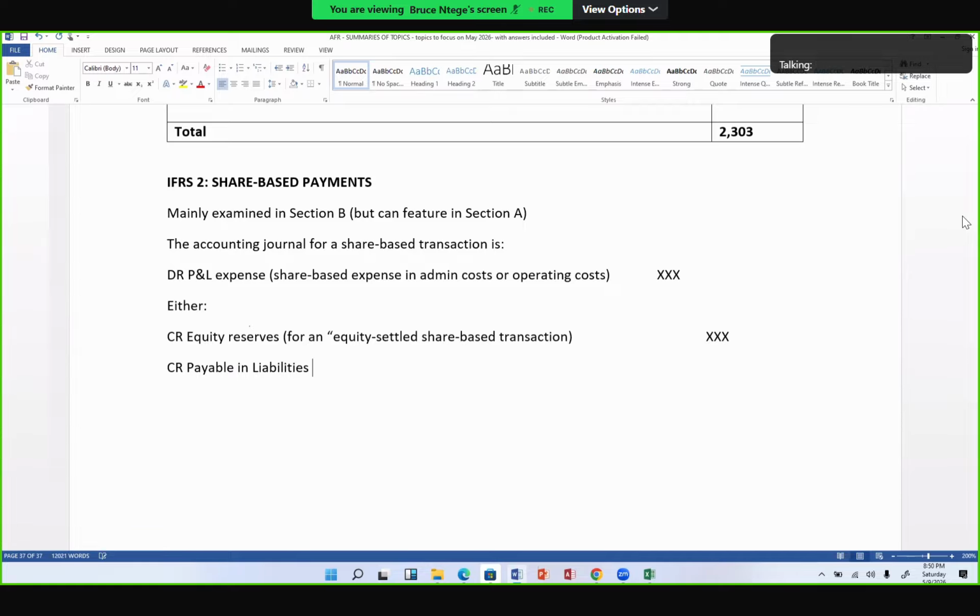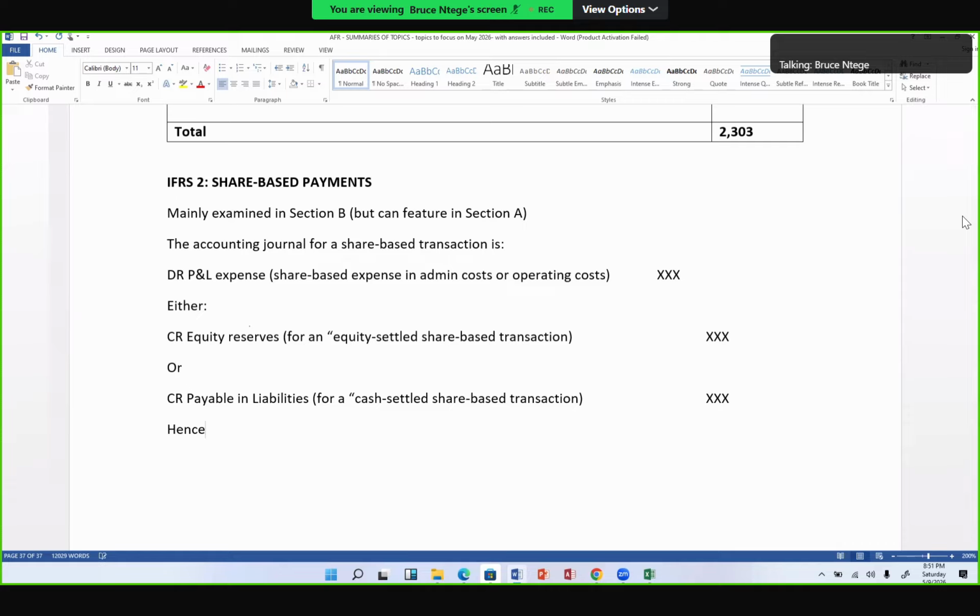Naturally, there are two types of share-based payment transaction: either a cash settled share-based payment transaction, or an equity settled share-based payment transaction. The examiner can examine either one of them or both of them.